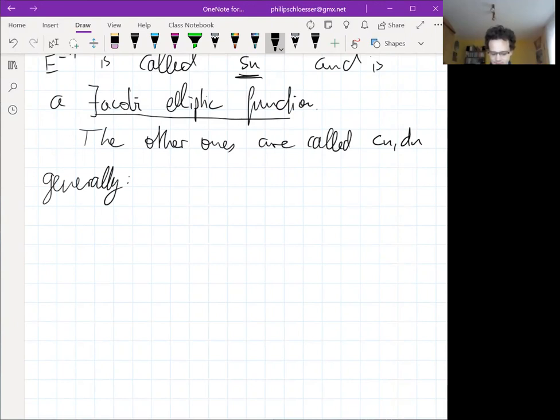You can make up any of those elliptic functions by having the letter S, N, C, or D, and then another one of those, S, N, C, or D, with the following relations. xy times yz is equal to xz.